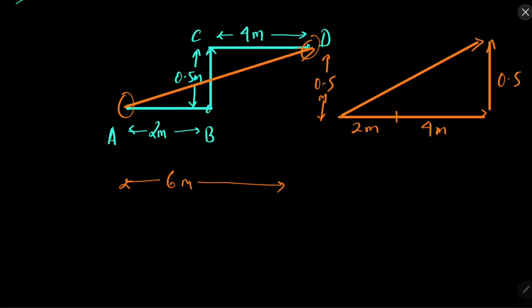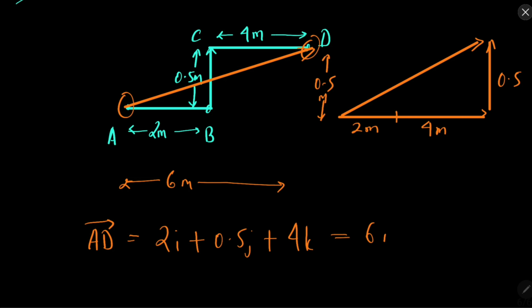So hopefully now you can easily solve this question. So the vector is 2i cap plus 0.5 j cap plus 4k cap. You can also write it like this. K is 0 actually.